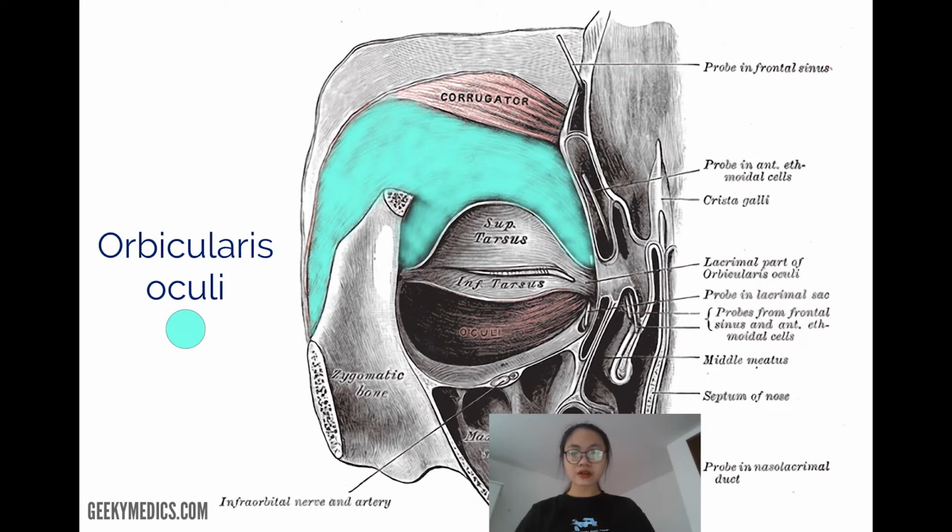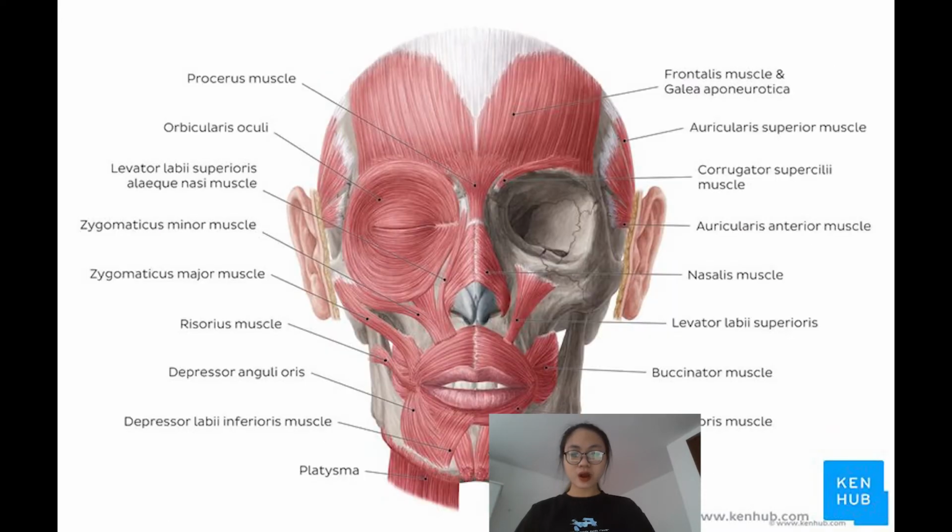Some of the fibers of the superior medial orbital component function as depressors of the medial eyebrow, whereas the superior lateral orbicularis acts partly as a depressor of the lateral eyebrow.